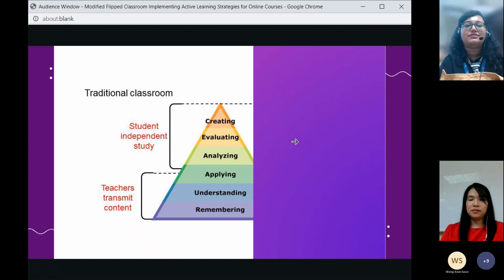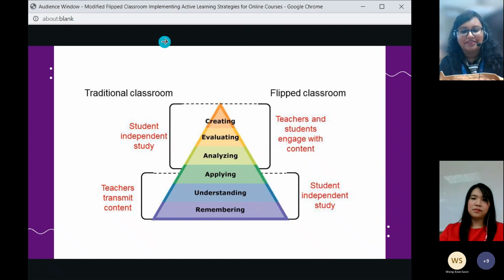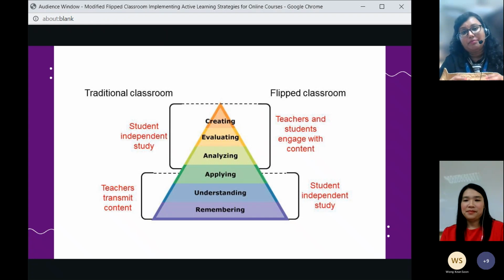However, next slide. I need to constantly remind her about the next slide. However, when it comes to the flipped classroom, it's the opposite, where students do the basic things, the lower level thinking part. Students will study from the material, try to understand what the content means, and apply by answering basic questions.